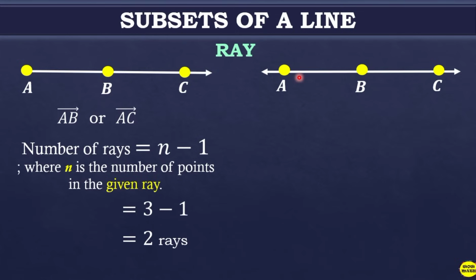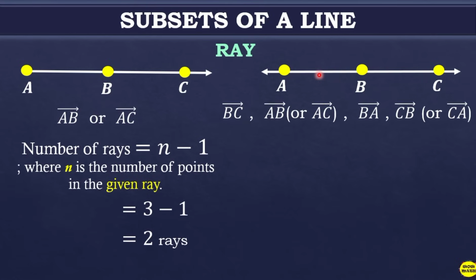So, iba po ang formula natin dyan. So, given this figure, what are the rays? So, ray BC, ray AB, or AC. Diba, isa lang po ito, yung AB at AC. Okay? And then, ray BA, and then ray CB or CA.